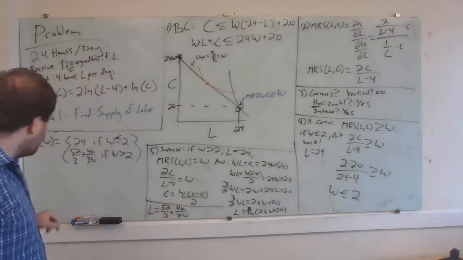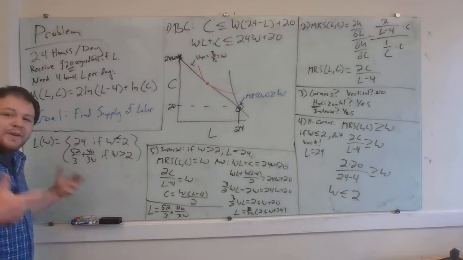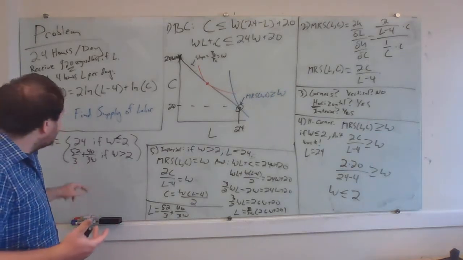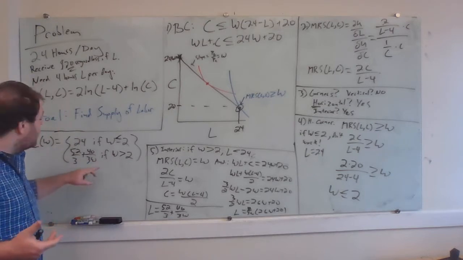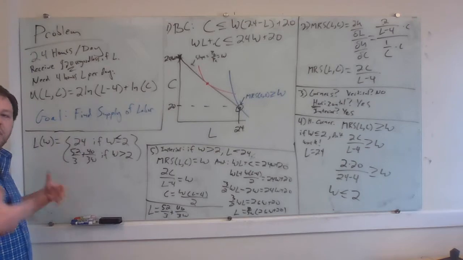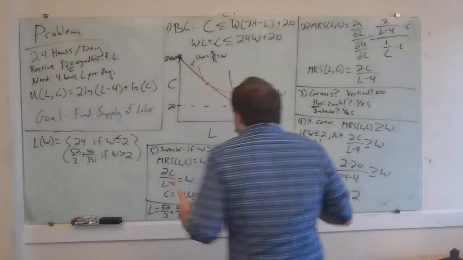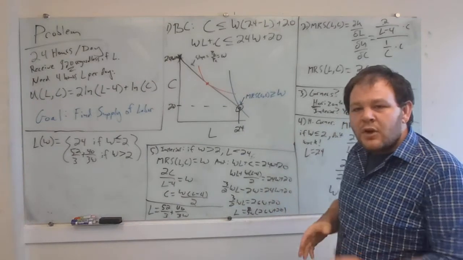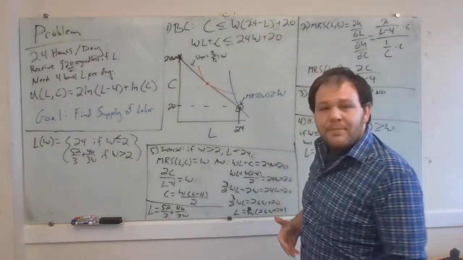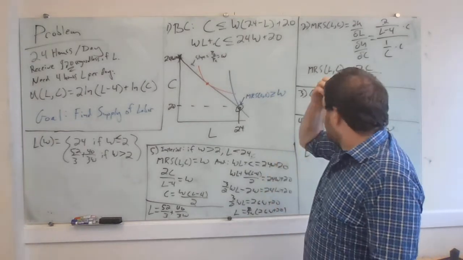A couple other things to check. Does it make sense that as our wage is increasing, are we choosing more or less leisure? As our wage is increasing, we're choosing less and less leisure, because we're dividing this thing by W. The second chunk here is getting smaller and smaller. The reason that this makes sense is that with Cobb-Douglas or Cobb-Douglas-like preferences, we're essentially spending the same fraction of our income on leisure and on consumption at every level of wage.